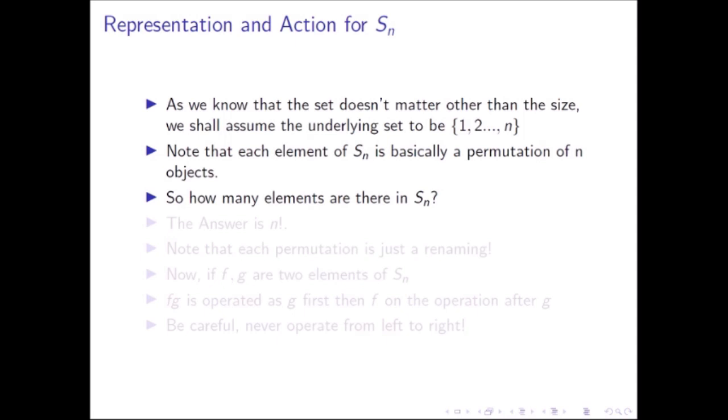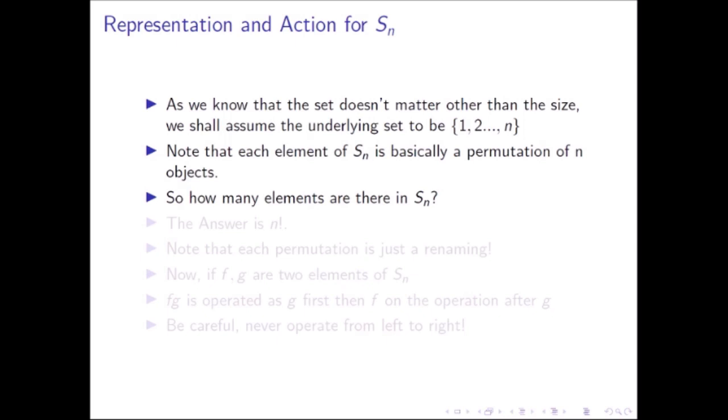See, first of all, we have seen that as the set doesn't matter over here, only the size matters. We assume that the underlying set is 1 to n. This simplifies the task. Every element of Sn is basically a permutation of n objects, right? Any bijection is a permutation of objects. And if it's on finite sets, it's a permutation of finitely many objects, and it's well defined. The sense of permutation and the sense of permutation in combinatorics is the same.